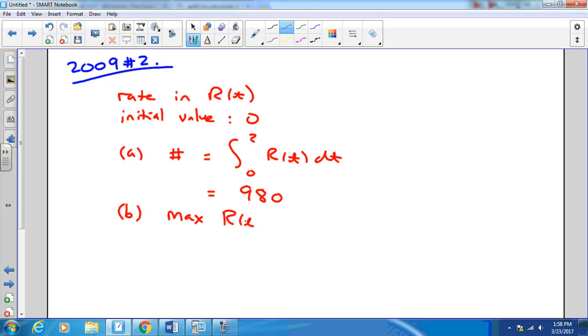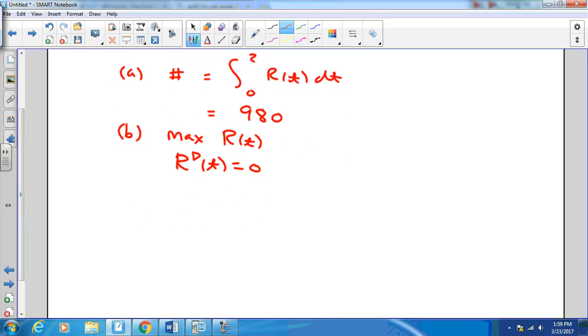So we need the maximum value of r(t). And that means that we need to consider the critical points of r(t), which are found by setting the derivative r prime equal to 0. And r prime is going to be equal to 0 when r(t) itself has horizontal tangents.